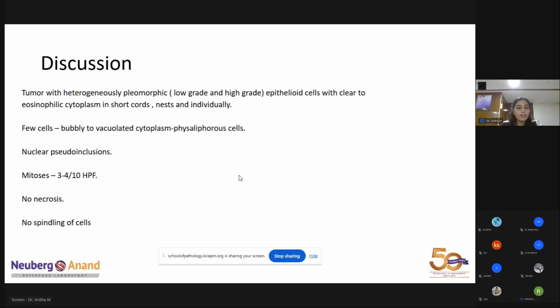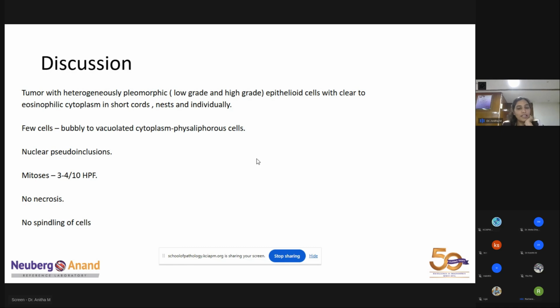Can you tell me the other morphological subtypes of chordoma? This is a clival chordoma, ma'am. There are conventional chordoma, that is classic chordoma, then chondroid chordoma, dedifferentiated chordoma, and rare varieties like myxoid chordoma.